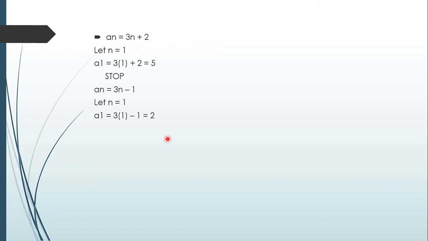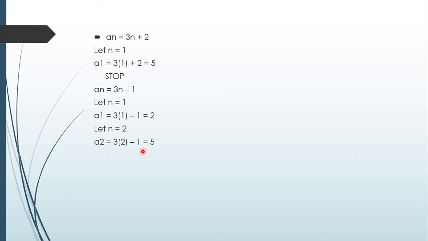Okay, next. Ito naman. 3n minus 1. So, let n equals to 1. Substitute 1 to n. 3 times 1 is 3 minus 1 is equal to 2. Since 2, proceed ka. Another. Let n equals to 2.